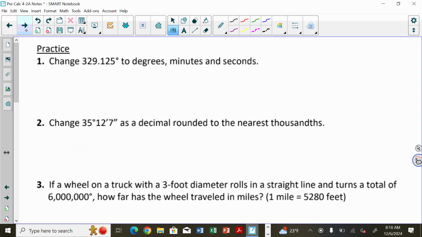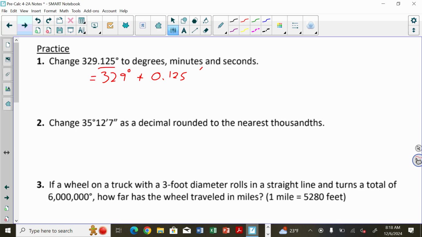So let's do that really quick for a couple here, changing 329.0125 degrees to degrees, minutes, and seconds. Okay, so we know that 329 is the degrees, and then we're going to take this 0.0125 and change it into minutes and seconds. If I expand that out, it would be 329 plus 0.0125.